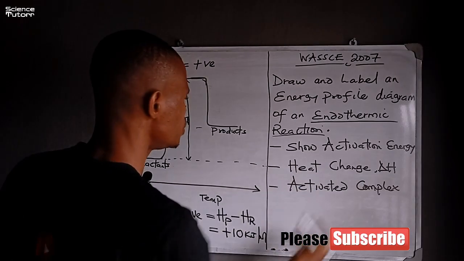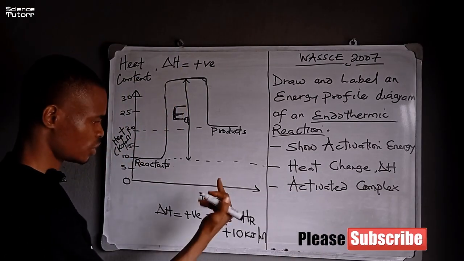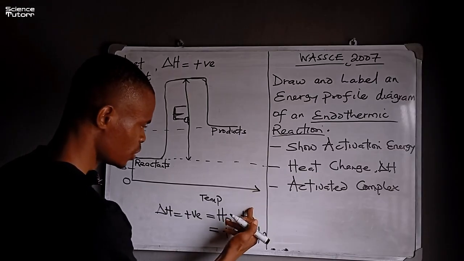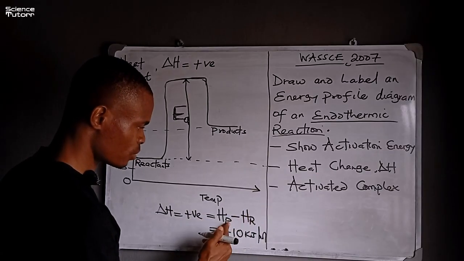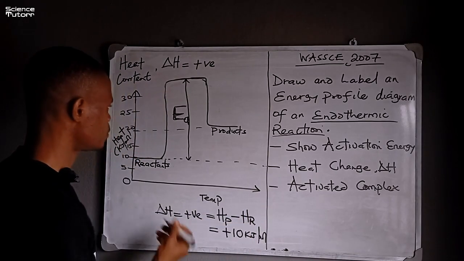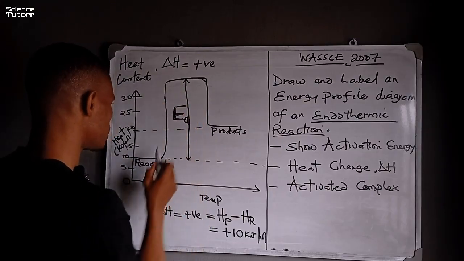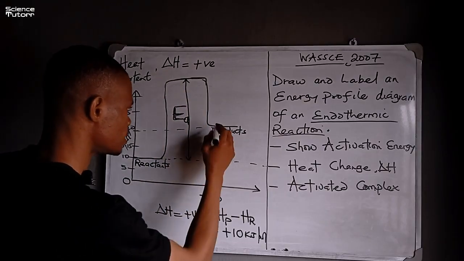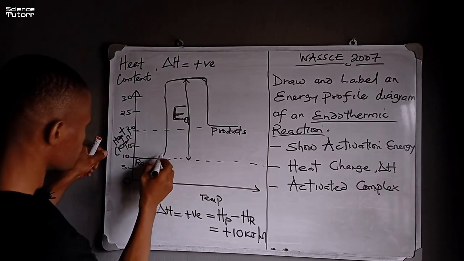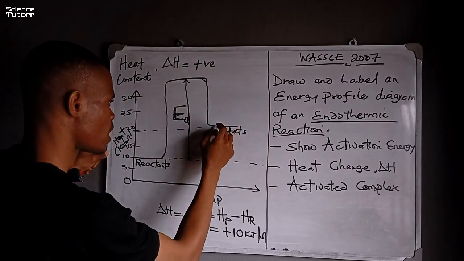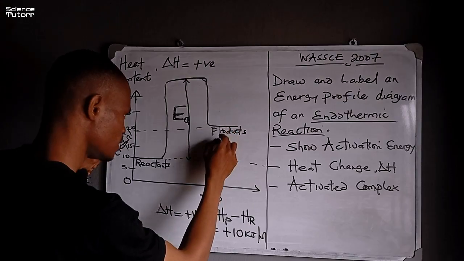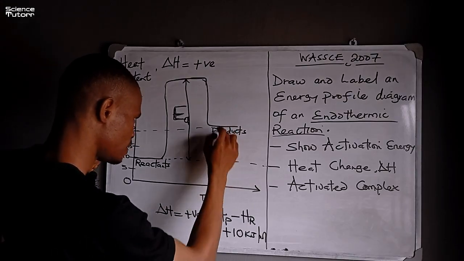Now the heat change is HP minus HR, which is our enthalpy of product minus enthalpy of reactant. This is reactant and this is product. So what we have left is this height.